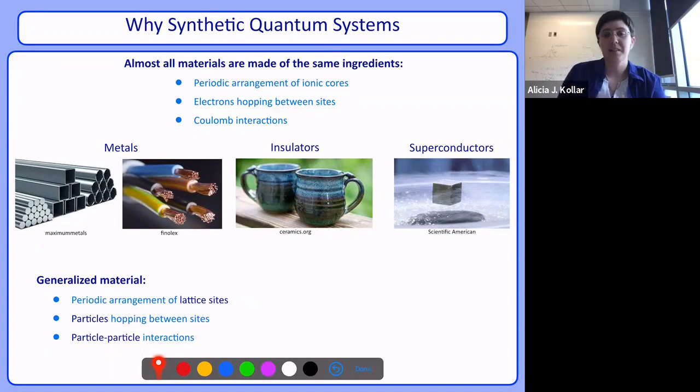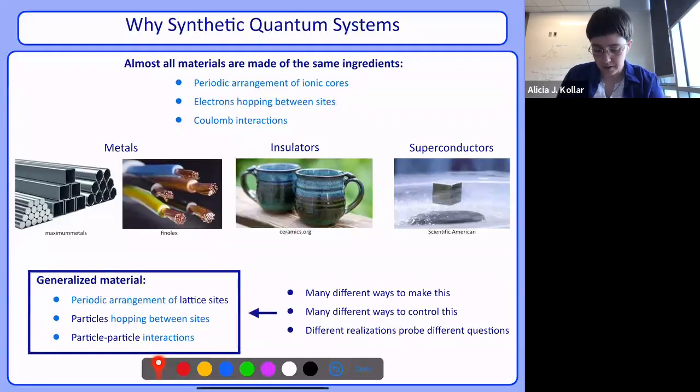And so if we relax the requirement that the lattice site be the ionic core of some atom and that the particle moving in the lattice be an electron, then there are many different ways to make such a generalized material. And for each different way that you can make it, there are different regimes that are easy to measure, easy to characterize.